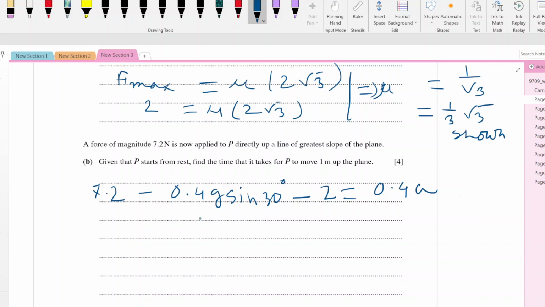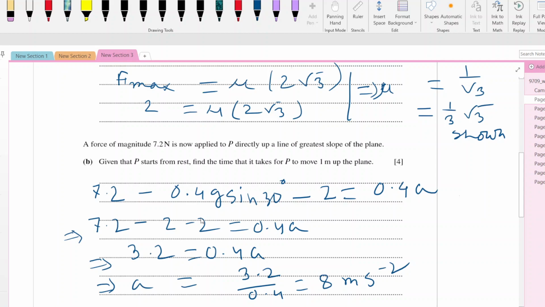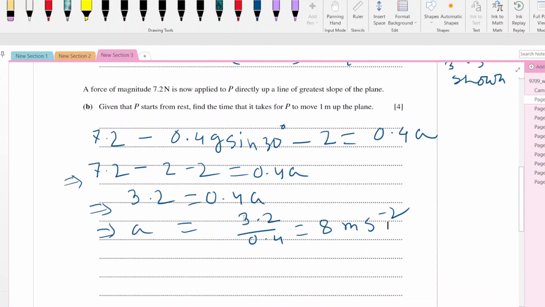Now 7.2 minus 2 minus 2 equals 0.4a. Now 3.2 equals 0.4a. Therefore a equals 3.2 divided by 0.4, which is 8 meters per second squared. This is the acceleration.